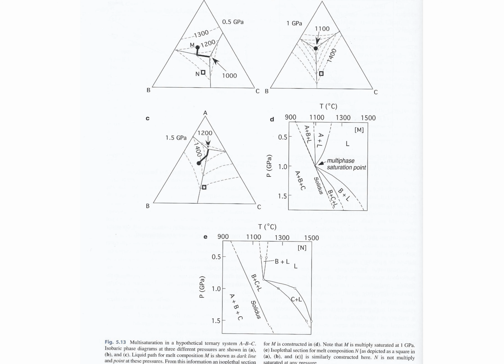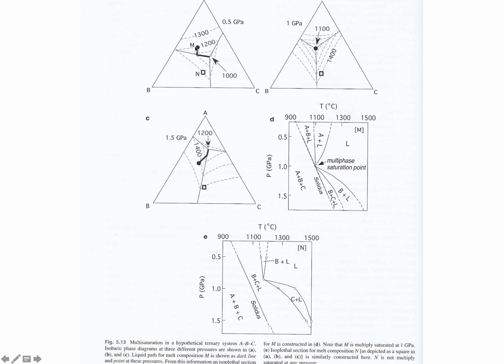So here we have another bunch of triangle diagrams, also depending on the pressure. Here diagram A at 0.5 gigapascal, here at 1 gigapascal, here at 1.5 gigapascal. And here in dashed lines we have the temperatures: 1300 degrees Celsius, 1200 degrees Celsius, 1000 degrees Celsius.